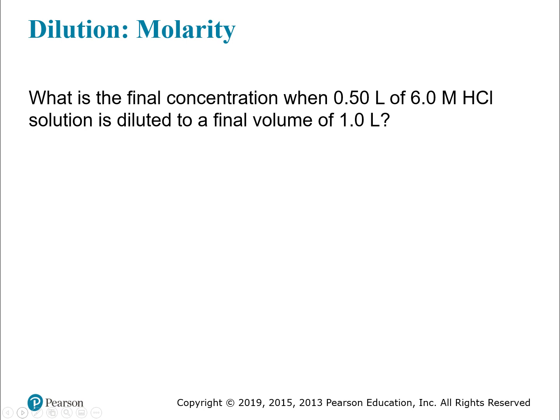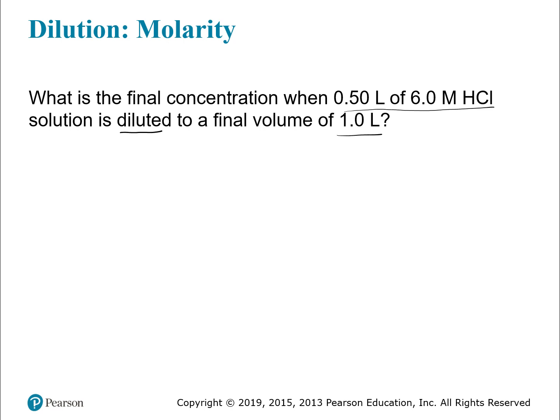Let's try a problem. What is the final concentration when 0.50 liters of 6 molar hydrochloric acid solution is diluted to a final volume of 1 liter? We see the word diluted here, and we're looking for a final concentration.